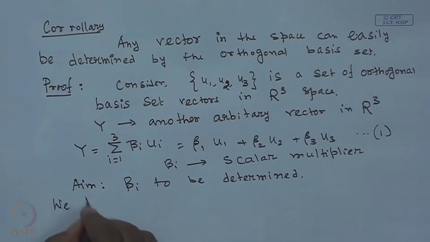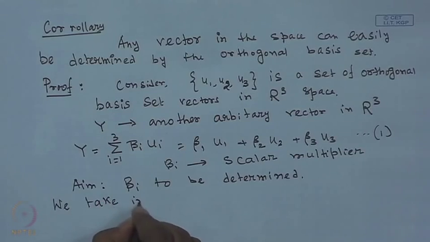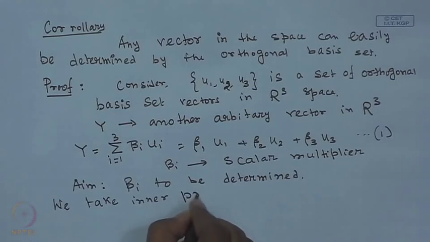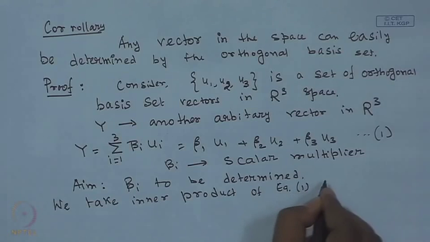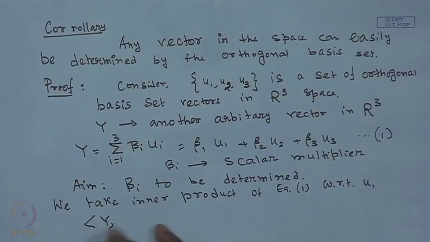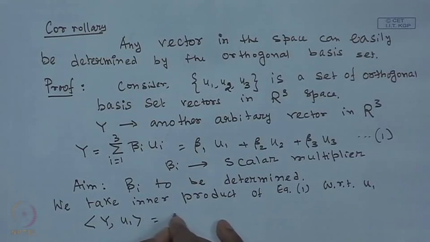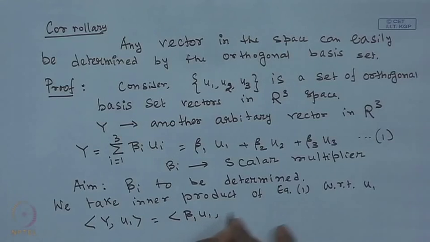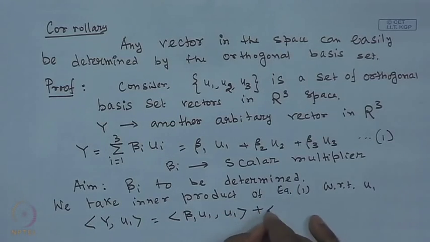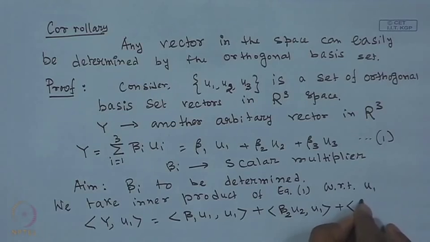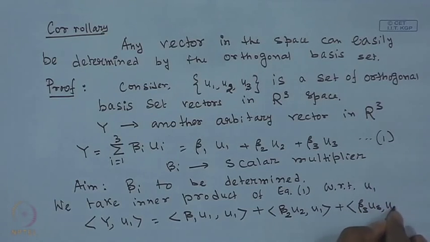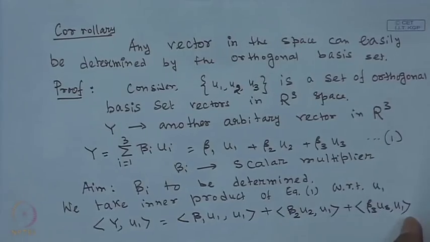So, the inner product of y and u1 is equal to the inner product of beta 1 u1 and u1, plus the inner product of beta 2 u2 and u1, plus the inner product of beta 3 u3 and u1. Okay. So, let us try to simplify this equation.